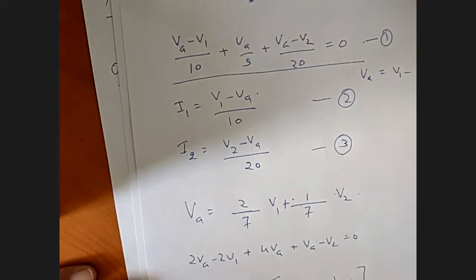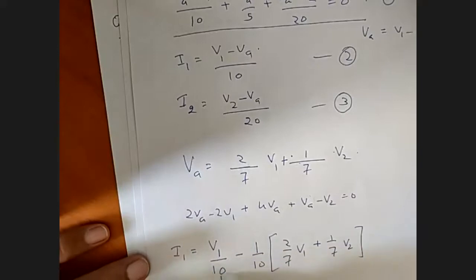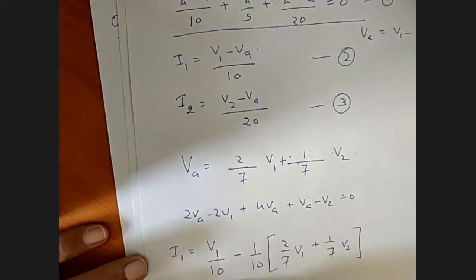So it will give you V1 coefficient 1 by 10 minus 2 by 70, V1, minus 1 by 70 V2.